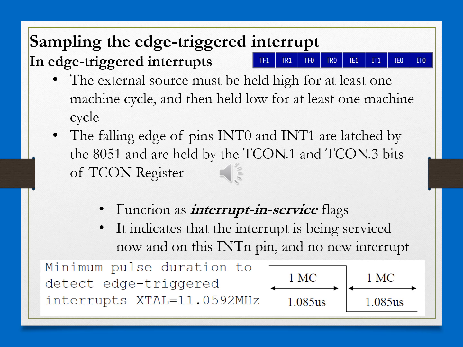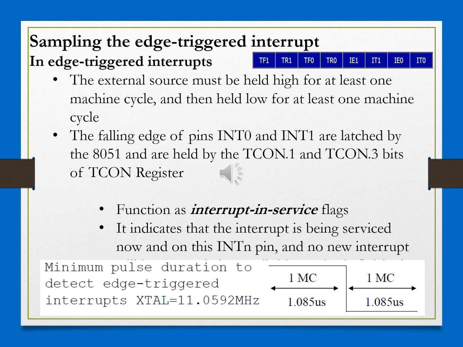So pay attention here. IE0 and IE1 bits will come into the picture only when IT0 and IT1 are programmed as edge triggered. Only when IT0 and IT1 are made 1 will these interrupt in service flags, that is the IE0 and IE1 bits, come into the picture.